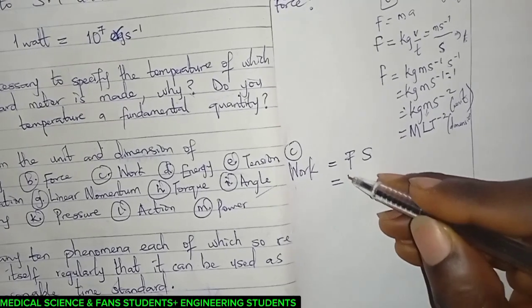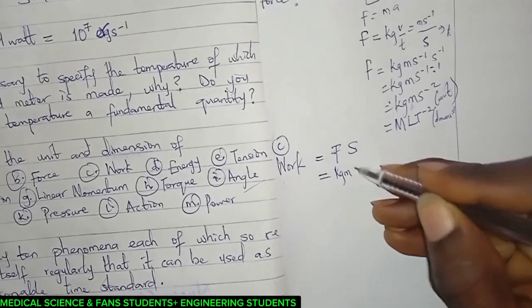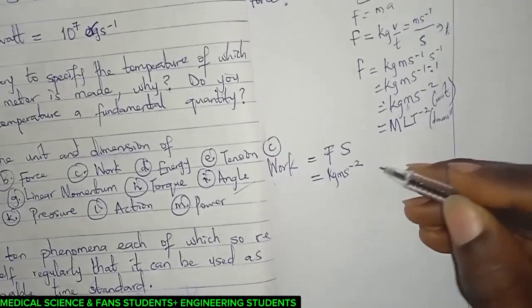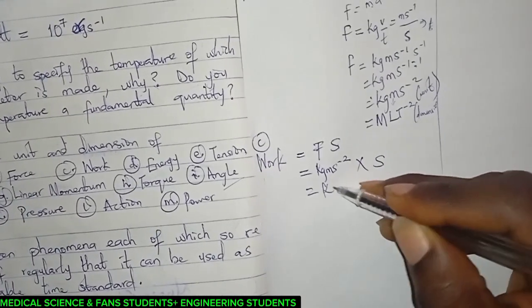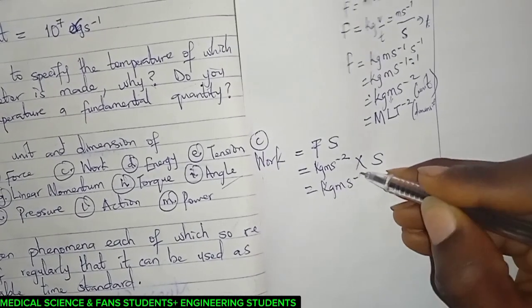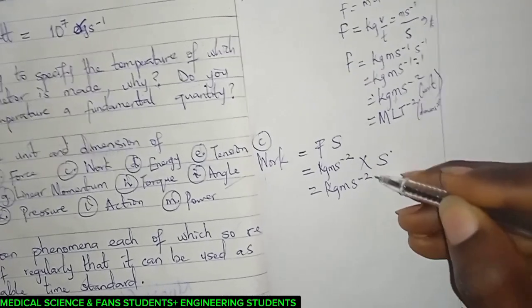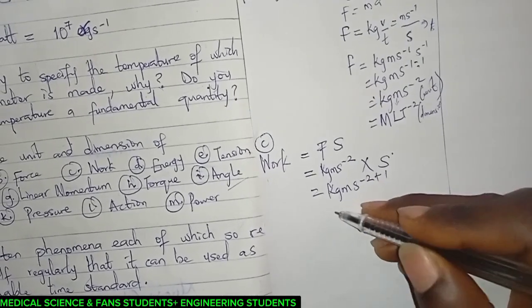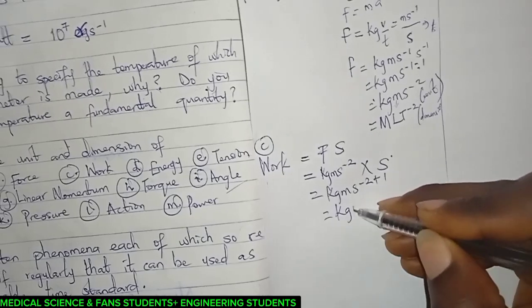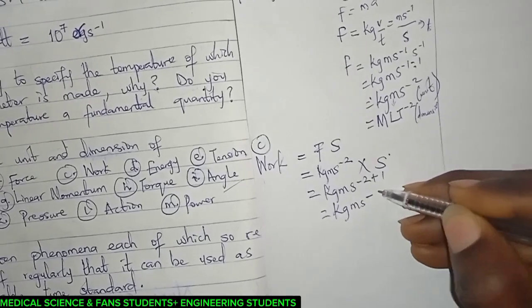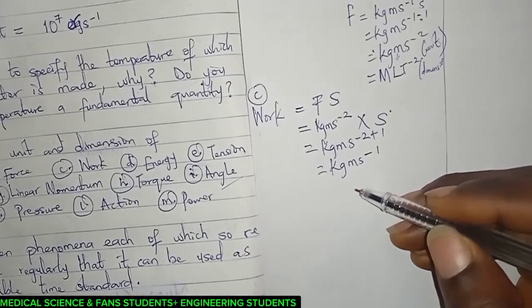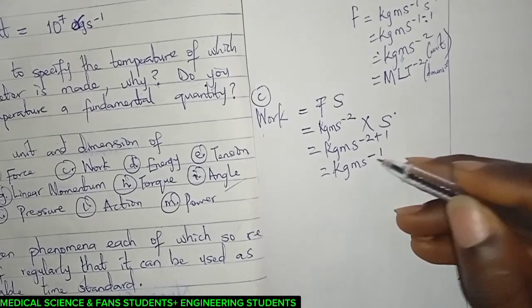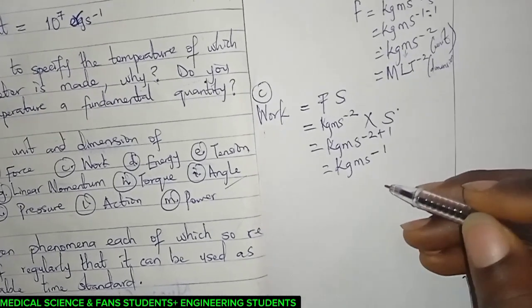I know that force is kilogram meter per second square, then times displacement. So this is the unit of work.